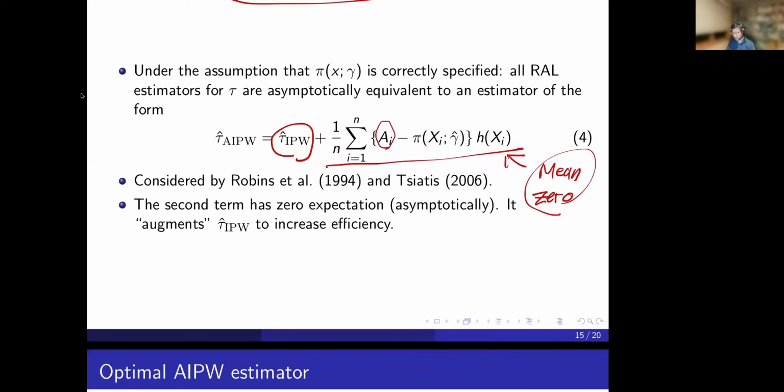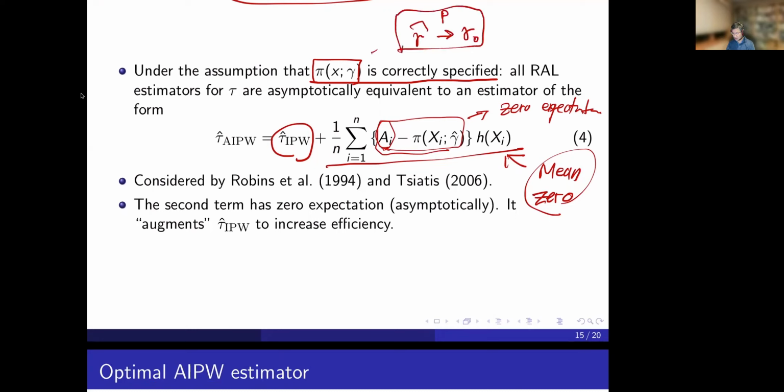So this term has 0 expectation under the assumption that pi(x, gamma) is correctly specified and gamma hat is consistent, converging to the true value. Under this assumption, this is a reasonable estimator.